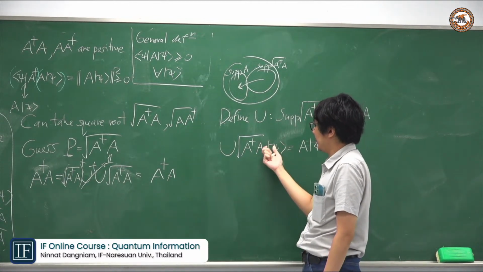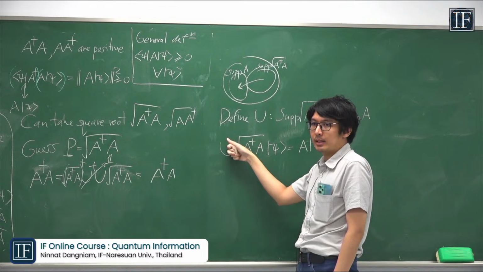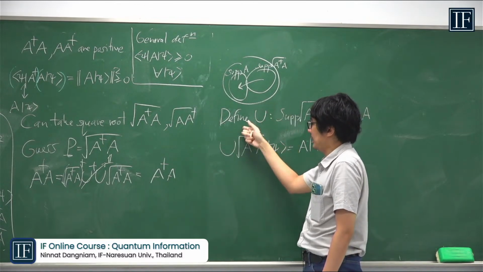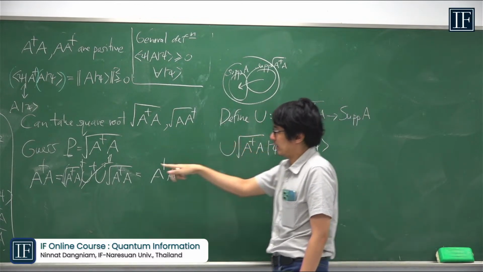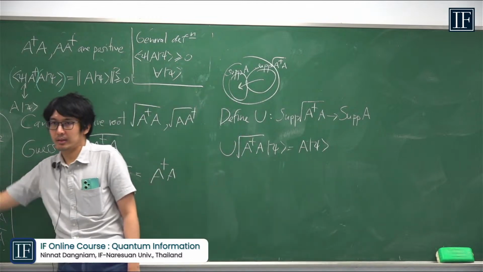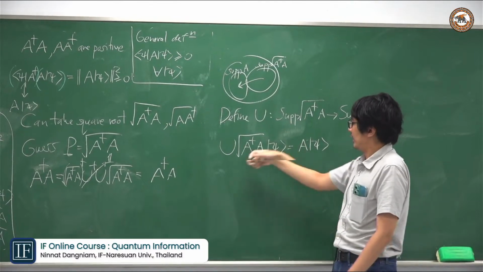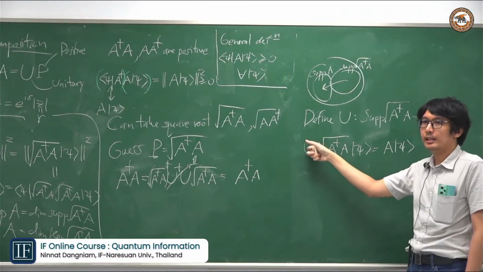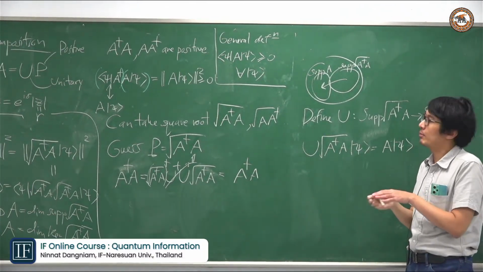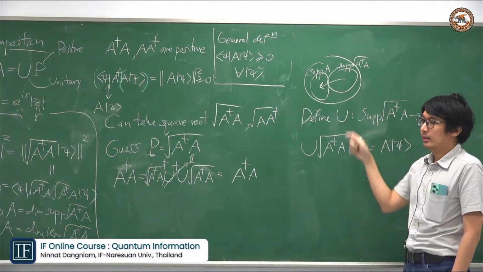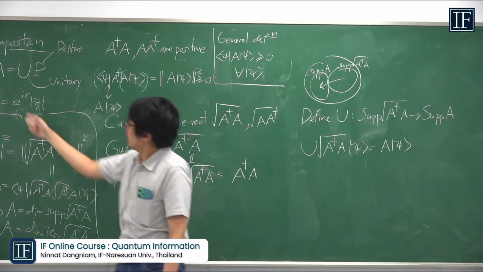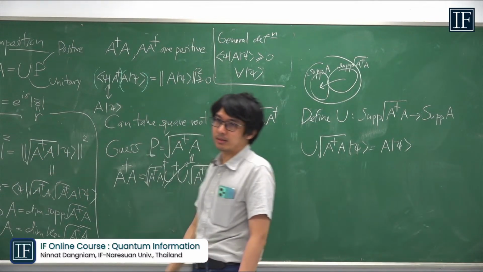You can define this map to be a unitary in this subspace because it preserves the length here. And then you can just extend this unitary from the subspace to all space. And then you get the polar decomposition.